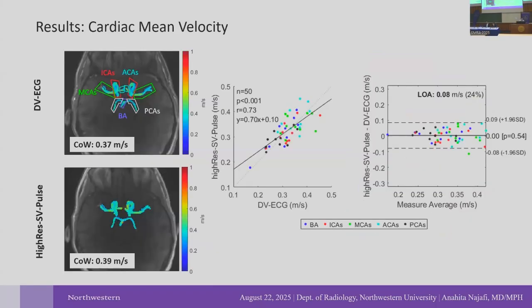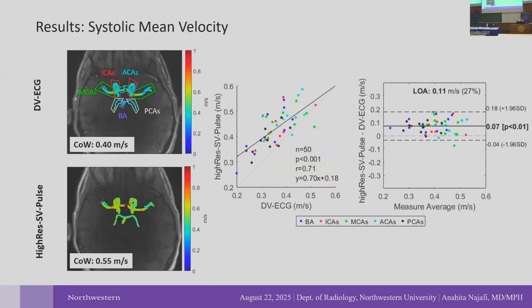Looking at mean velocity over the entire cardiac cycle, there was minimal non-significant bias between the two methods, as you can see on the Bland-Altman plot on the right, and moderate correlation between the measurements.